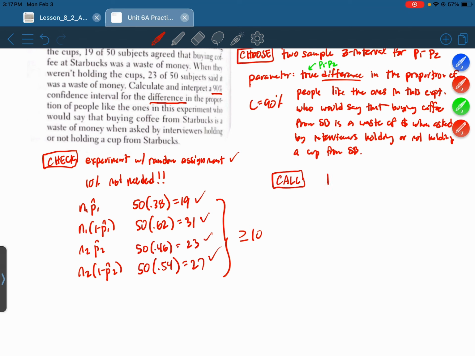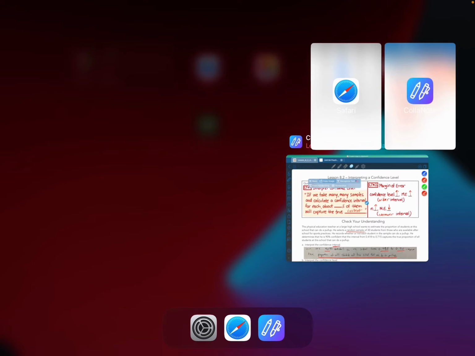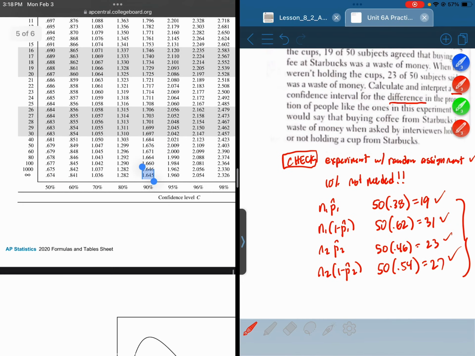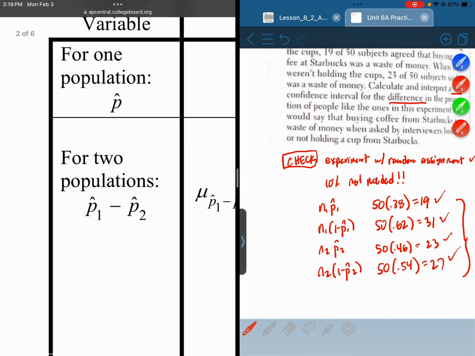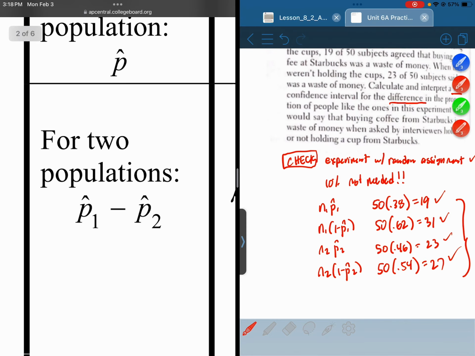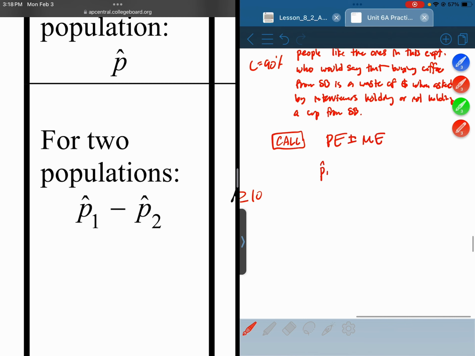All right, 4 things that go into this step. General formula, all right, and that's the same every single time. Point estimate plus or minus margin of error. Okay, then the specific formula. Okay, so for the specific formula, if you don't have it memorized, you're just going to recreate it using your formula sheet. Okay, so this is your point estimate, p hat 1 minus p hat 2. Let's go ahead and put that into parentheses, plus or minus.